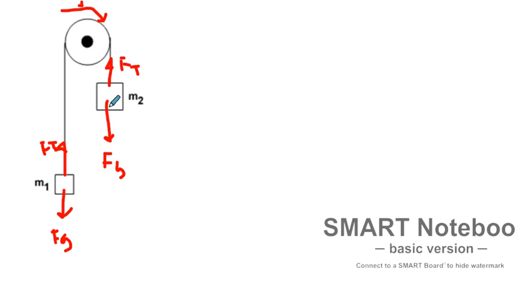So then if I write the net force equation on this, we're going to have M2A equals M2G minus force tension.